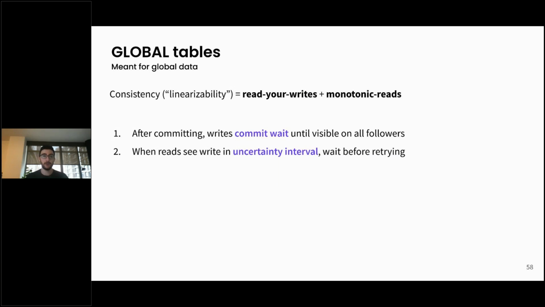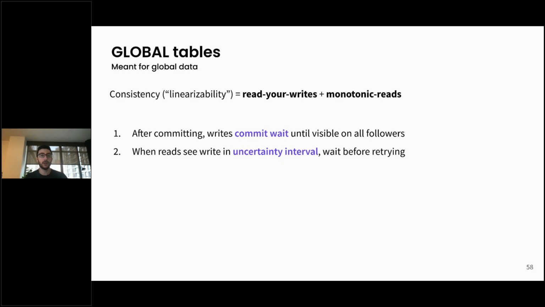Although this is a little different, and the details there are subtle, in Cockroach, this is a wait paid after a transaction removes its locks, not before. This is also a cost that Cockroach only pays when writing to global tables. And it's actually why writes to global tables are slower, because we're waiting out the maximum clock offset between any nodes within the system. Now, to ensure monotonic reads, we extend the read uncertainty interval concept that we talked about before.